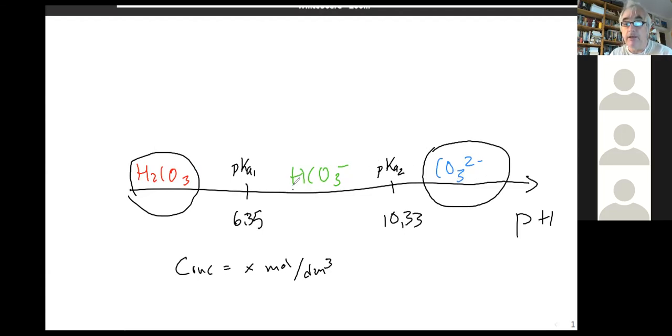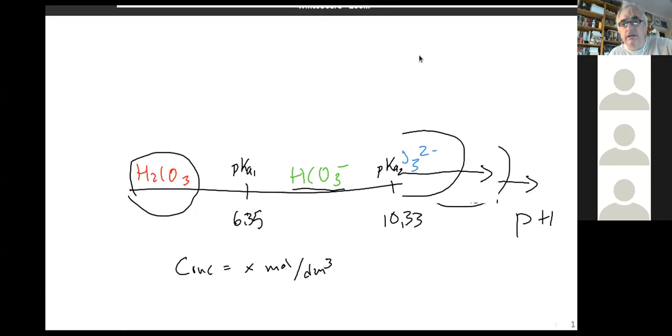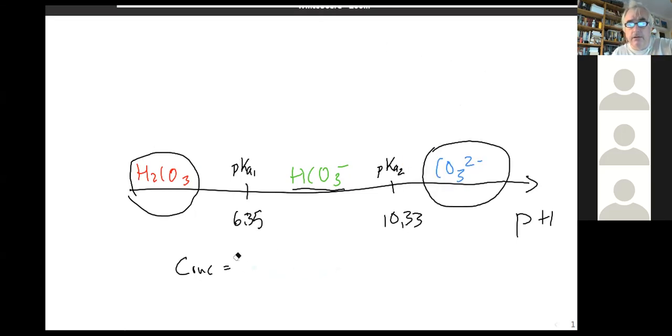But when you come to this ampholytic creature, the hydrogen carbonate, you need to take care of both the acidic character and the basic character. This is quite complicated, cumbersome, and it's usually never described in chemistry books.